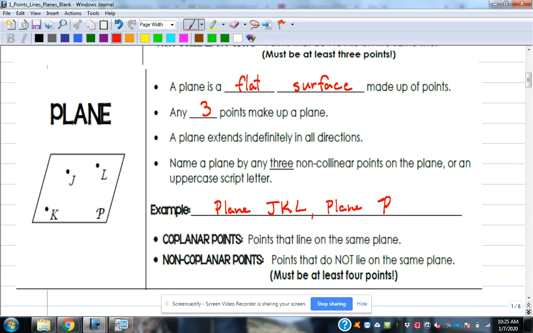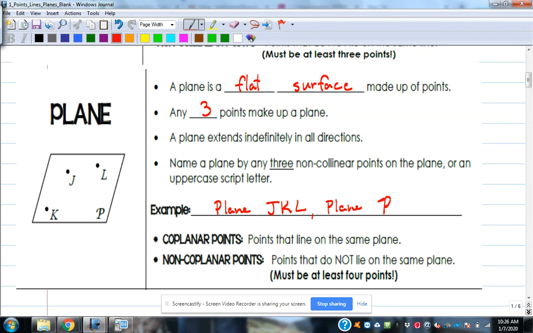Coplanar points is just like collinear points that are on the same line. Coplanar means they're on the same plane. And then non-coplanar points are points that do not lie on the same plane. So you've got to have at least 4 points to be non-coplanar.